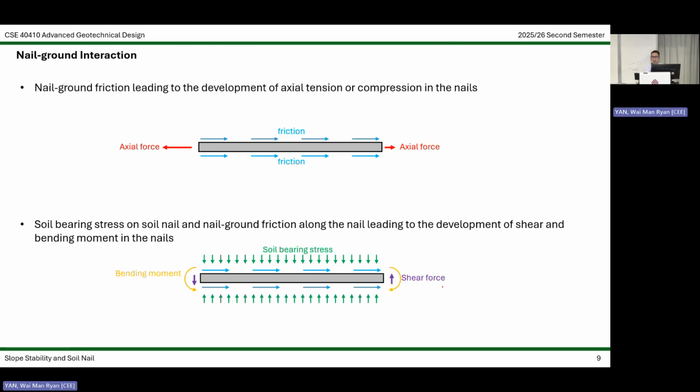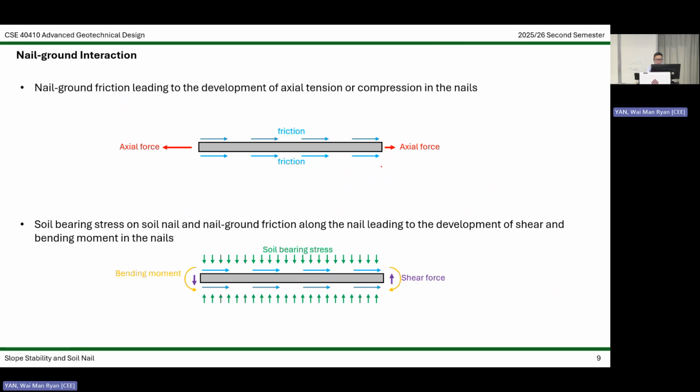This is the figure that I was talking about. There are frictions. So the friction develops along the nail, which means the friction will, from the free body diagram, be transmitted along the nail in a way like tensile force.